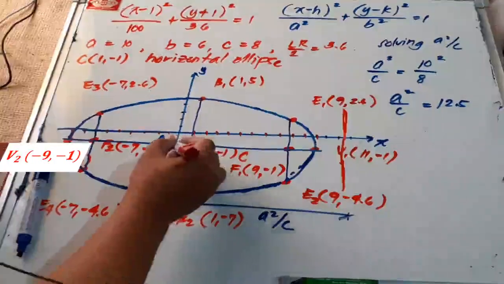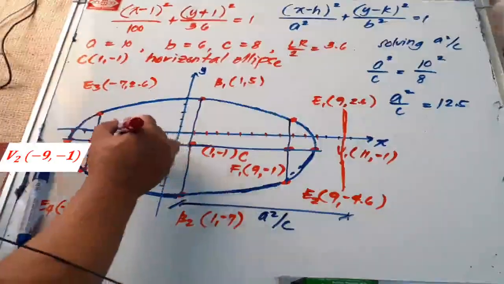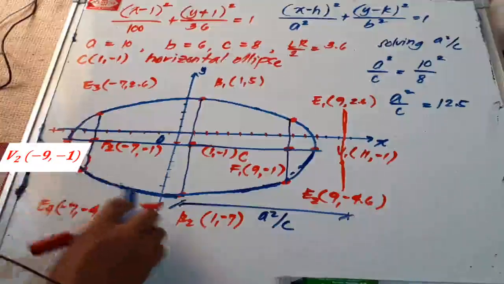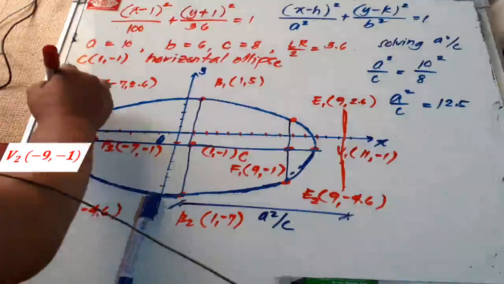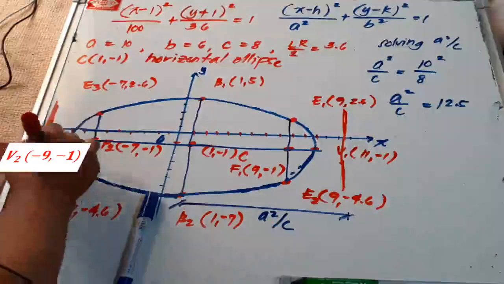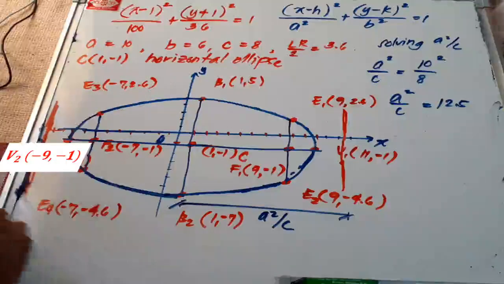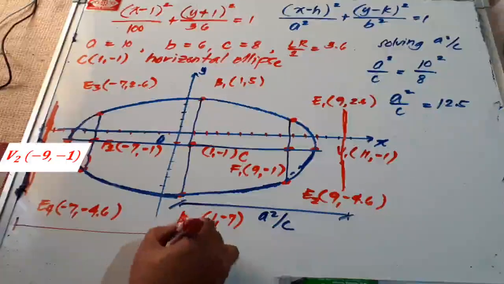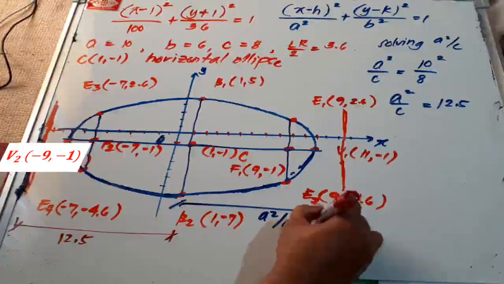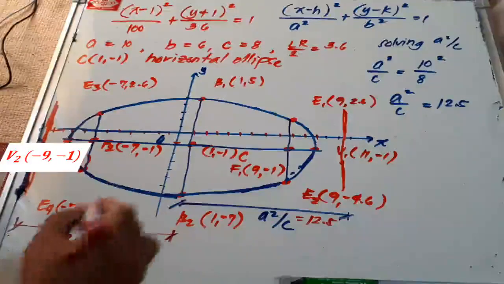So, dito rin, 12.5. 1, 2, 3, 4, 5, 6, 7, 8, 9, 10, 11, 12. So, dito. So, layo nito from the center is 12.5. So, ang equation ng directrices?